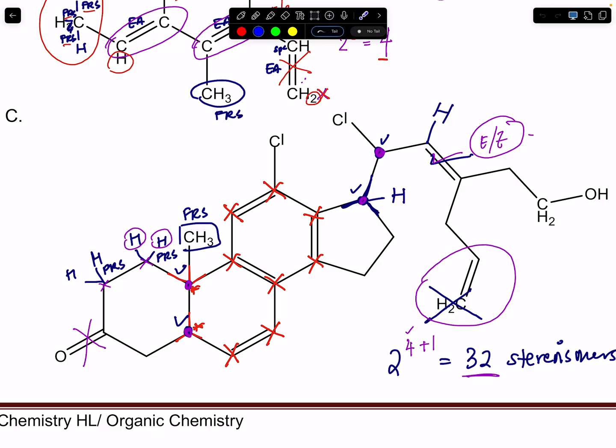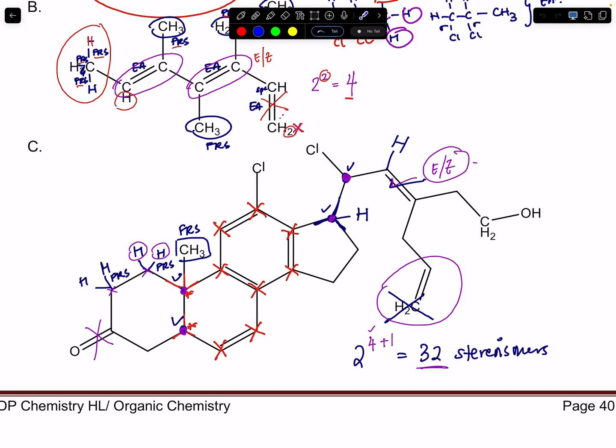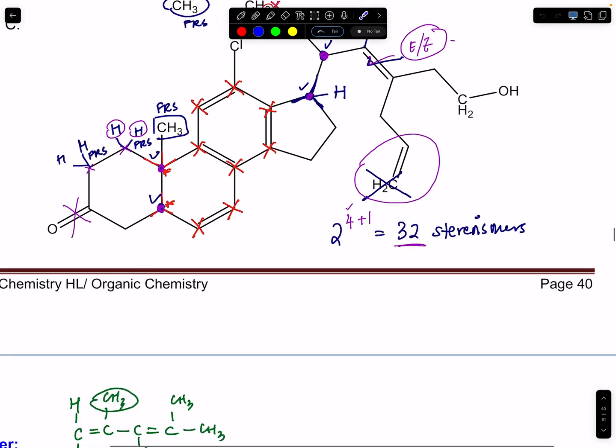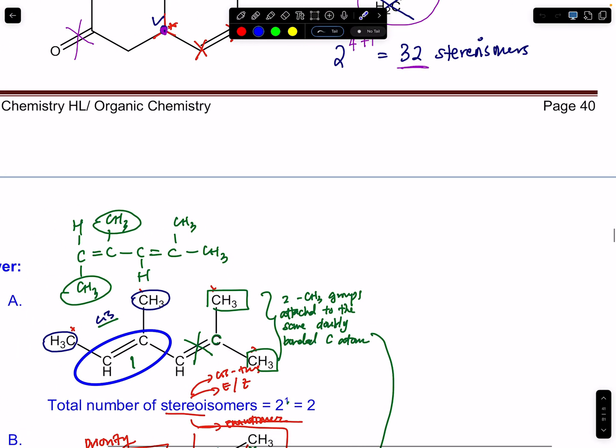They will ask why this has no cis-trans, so you have to mention similar substituents attached to the same doubly bonded carbon atom. Alright? So 4 chiral centers, 1 EZ, so 2 to the power of 5, which is 32.